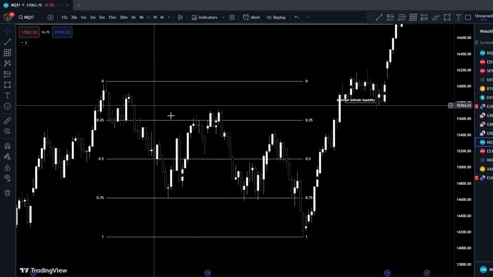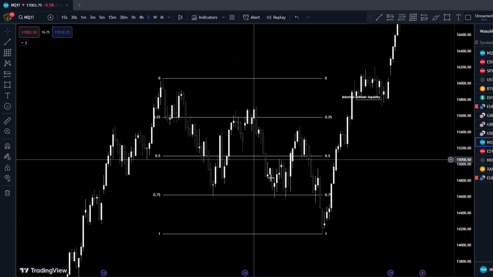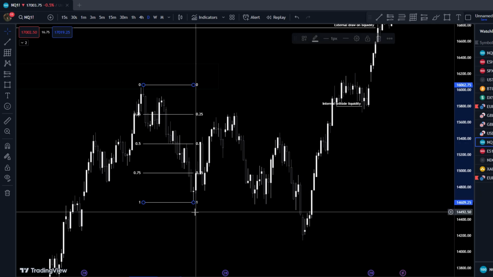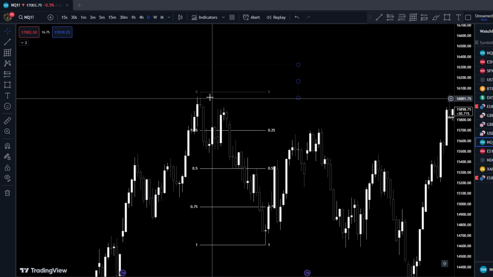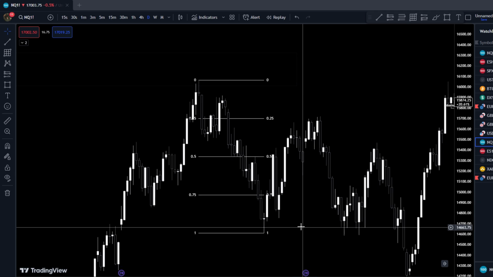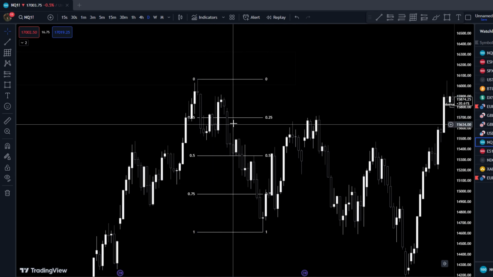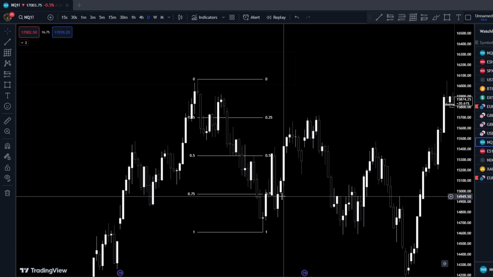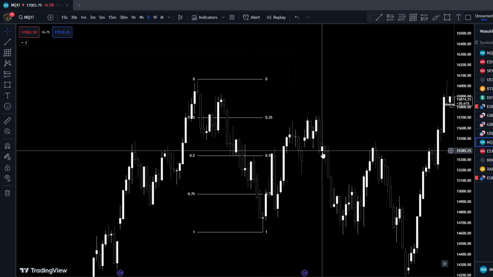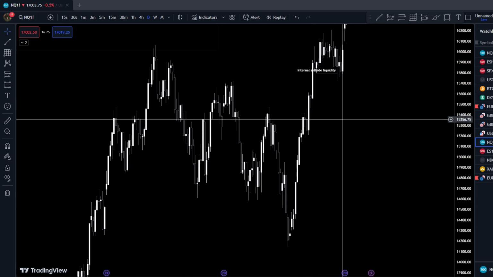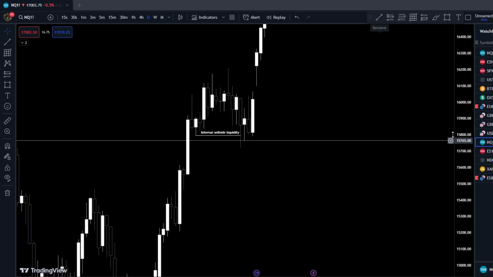This is an external high, this an external low in this range. Let's do it again. This is an internal high, this is an external high, and these are internal lows. Internal lows that we took out to get our bias. I think you got the point.